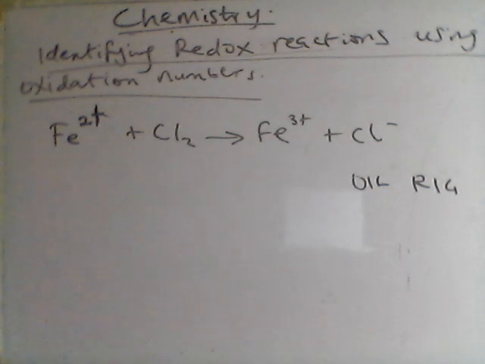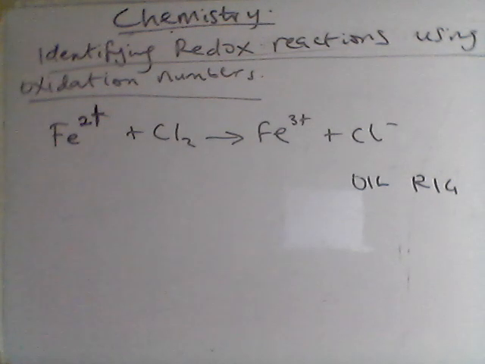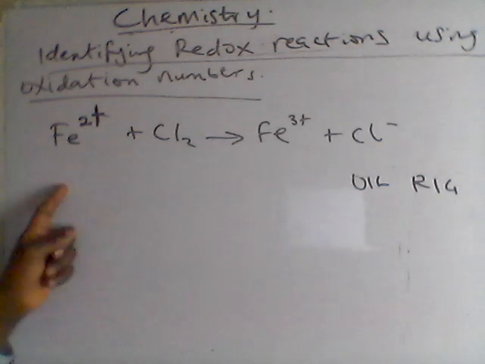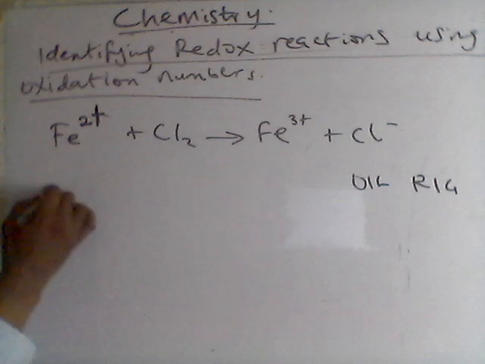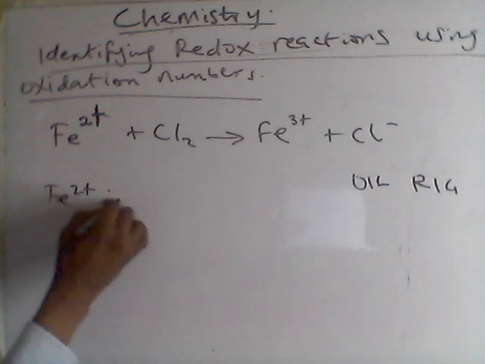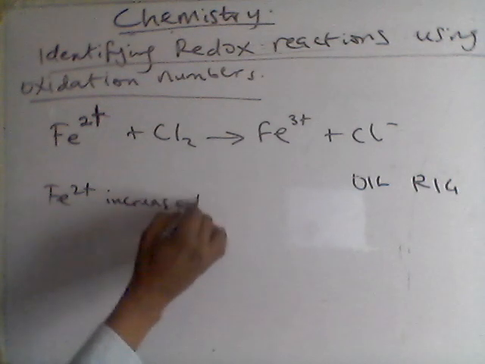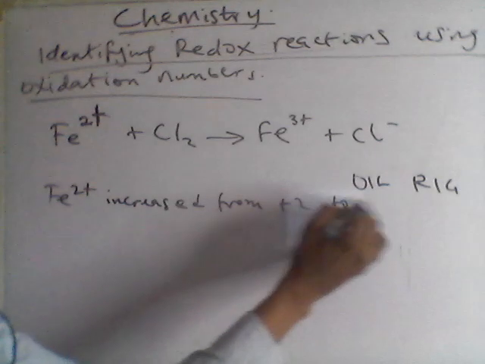Now, let me leave that one and come to this topic. This is what we're discussing now. How do we identify it by oxidation numbers? The oxidation number here increased from 2 to 3. As the oxidation number is increasing, it is being oxidized. So the copper ion increased from +2 to +3.